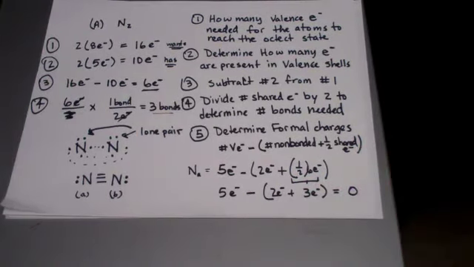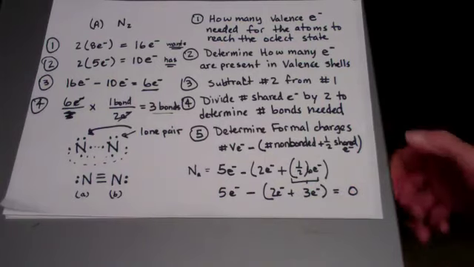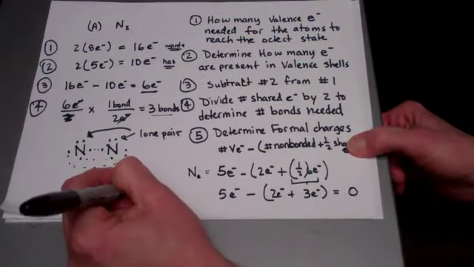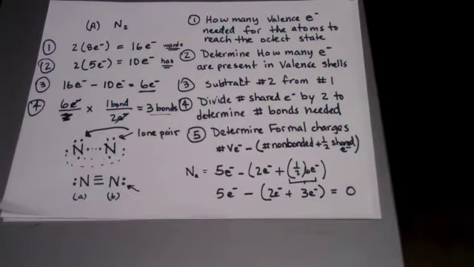So the formal charge on our nitrogens is 0. This represents the most structurally sound way that we could write that molecule. These are the steps you go through to write your chemical structure for Lewis structures.